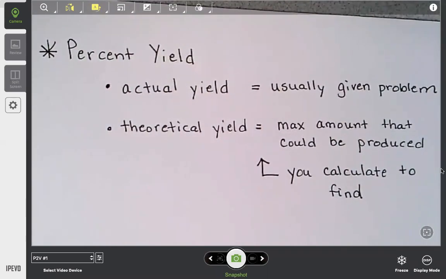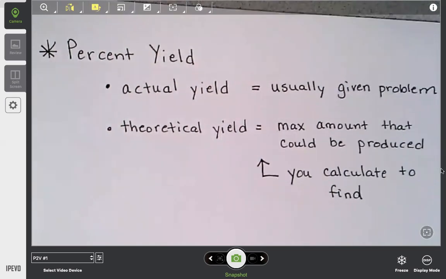So the theoretical yield, this is how much, if everything was perfect and there was no error, no contaminants, the process was flawless, this is how much I theoretically could create. In general, actual and theoretical yields never match. They can get pretty close, but there's human error. There's only so many ways that we can get close to being perfect.